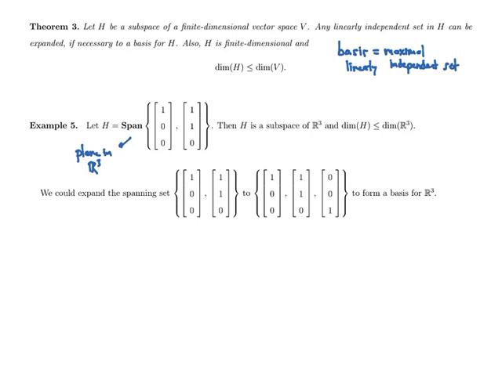That is, the dimension of H is 2, the dimension of R3 is 3. But given just this dimension of these, the spanning set of H, this basis of H, then we can expand that to get a basis for R3. We can use the smaller subspace to build a basis for R3.